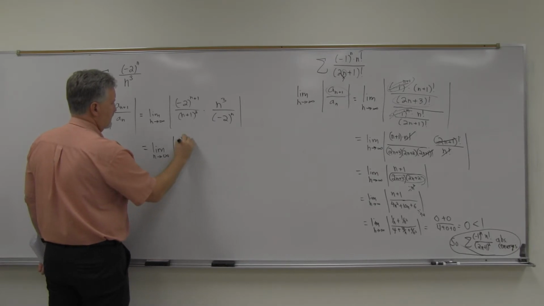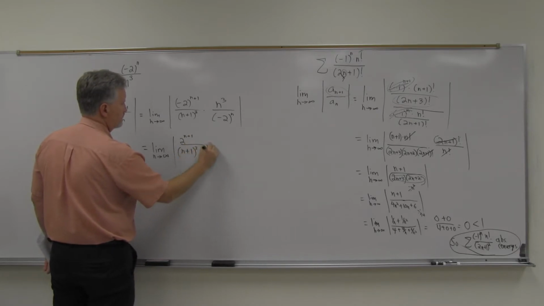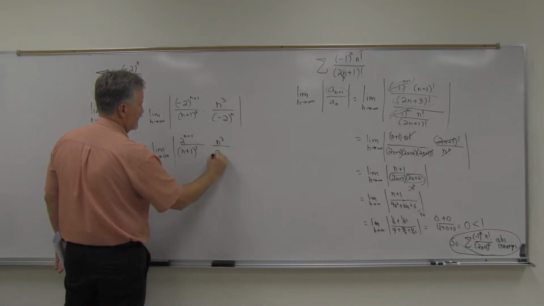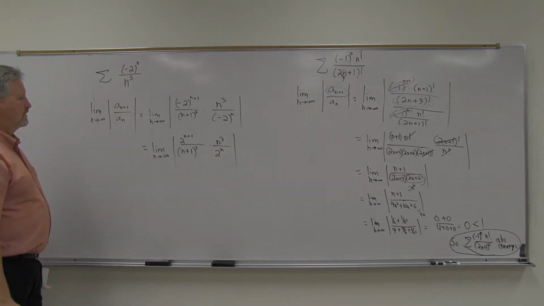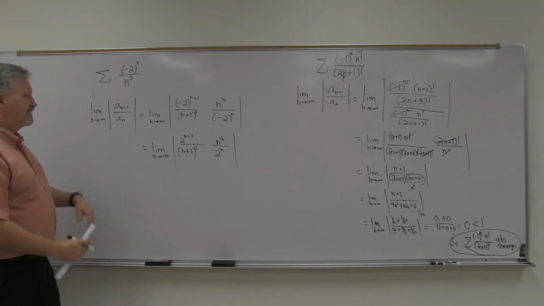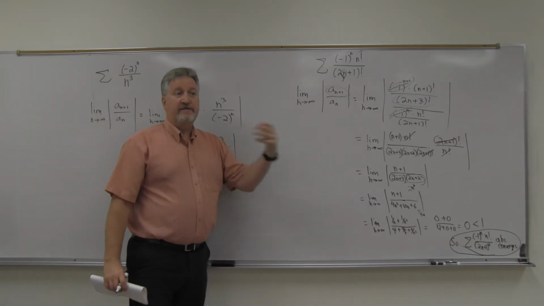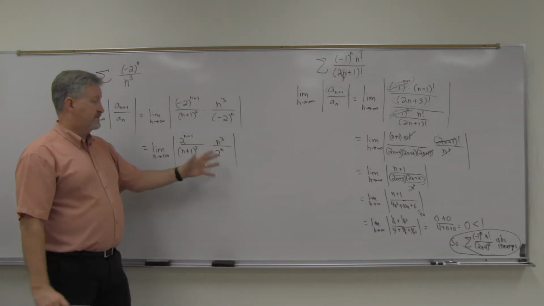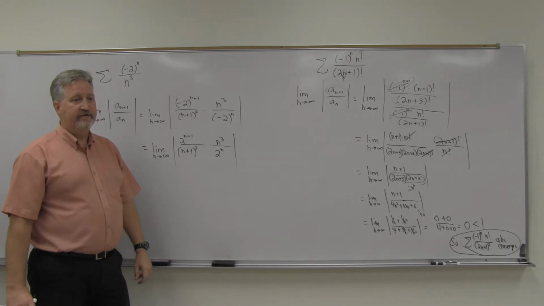So it'll just be 2 to the n plus 1 over 2 to the n. And really, I'm leaving in the absolute values because in the next unit, we'll have to leave in the absolute values throughout. I guess that's why I'm doing it here.